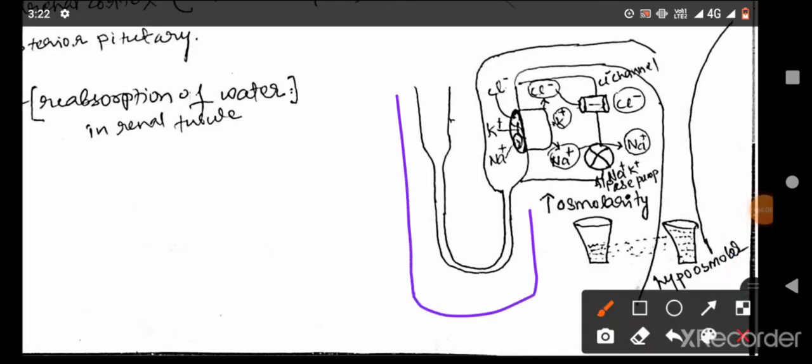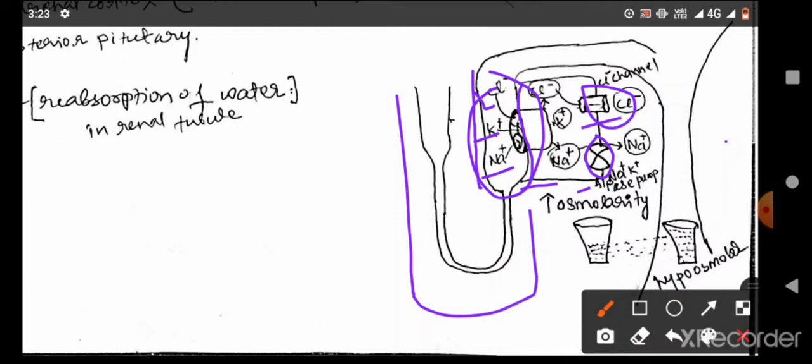This is the loop of Henle, and this is the thick segment of the loop of Henle, which is the ascending part. And this is the epithelial cell of the tubule. On the apical surface of the epithelial cell of the tubule, there is the sodium potassium 2 chloride symport. And the basolateral membrane of these epithelial cells contains a chloride channel and the sodium potassium ATPase pump.